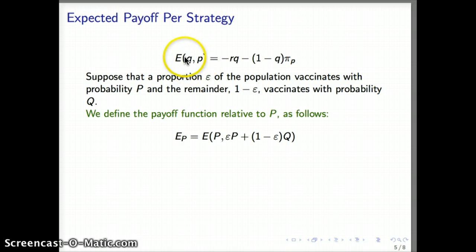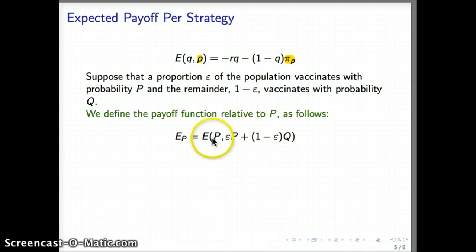The second variable in this expression only plays a role in the probability of infection. Basically, that is telling us what is the level of vaccination uptake.